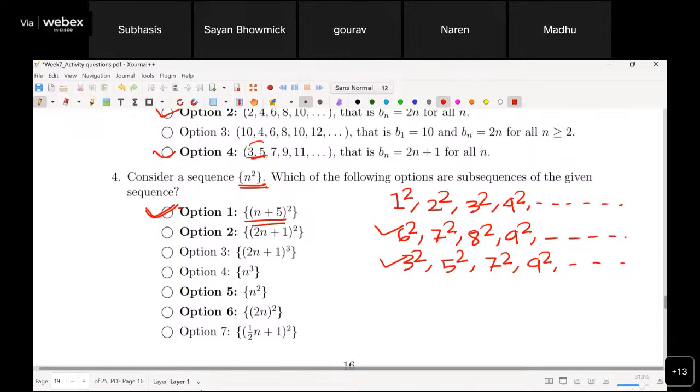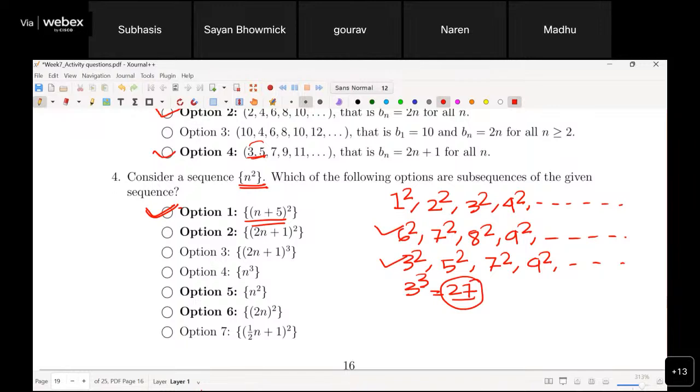It's a cube, so it doesn't satisfy the original sequence. If I put n equal to 1, what am I getting? 3 power 3, which is 27. As you can see, 27 is not in the original sequence.